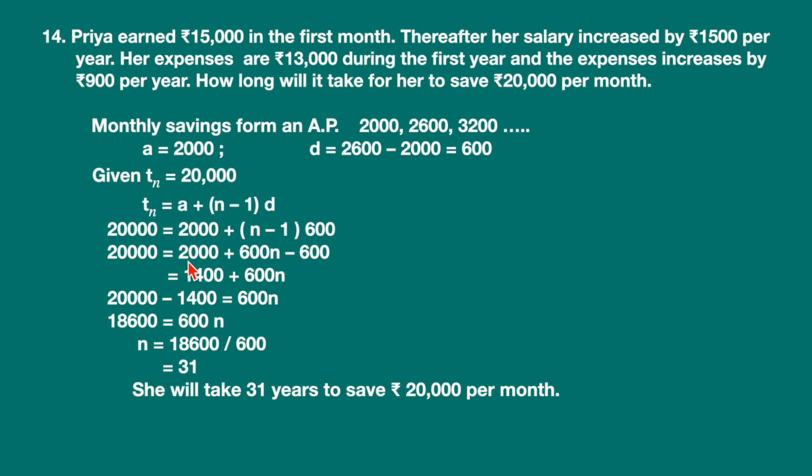So 2,000 minus 600 is 1,400. Bring it to the left side, 20,000 minus 1,400 is equal to 600n. This is 18,600 is equal to 600n. n is equal to 18,600 upon 600, which is 31. So she will take 31 years to save 20,000 rupees per month.